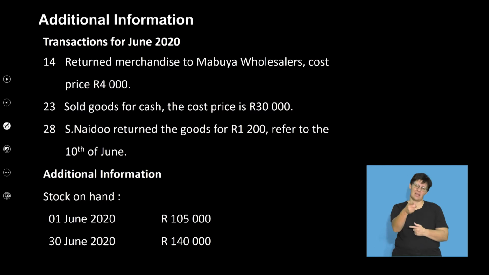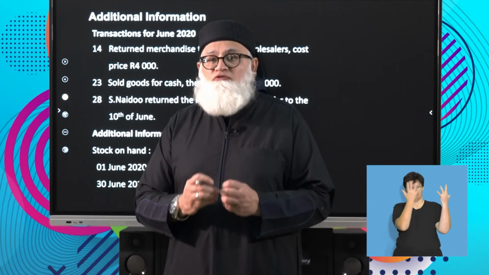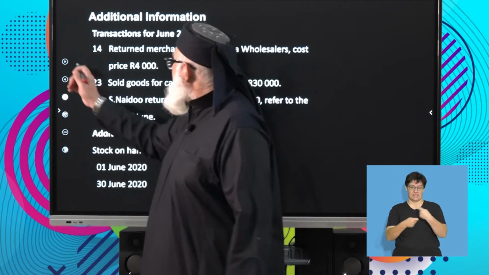You sold goods for cash. And there was a return by S. Naidu as well. Then you have additional information in terms of your stock on hand at the beginning of the year and your stock on hand at the end. Okay, now, each of these transactions is going to impact on the calculation of your cost of sales.